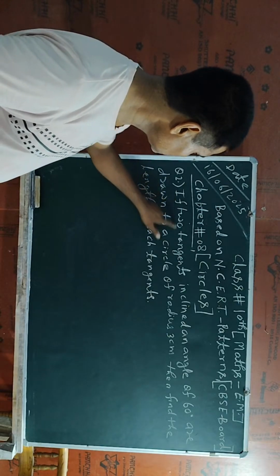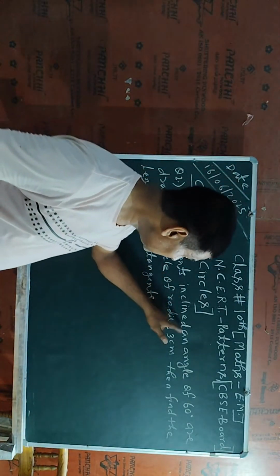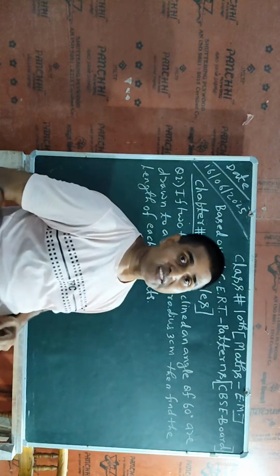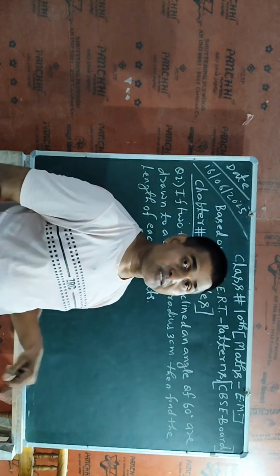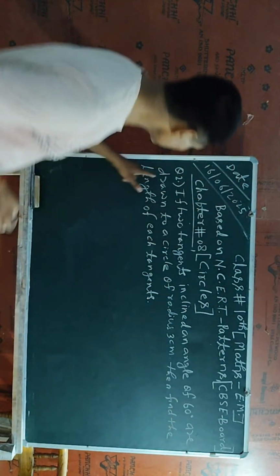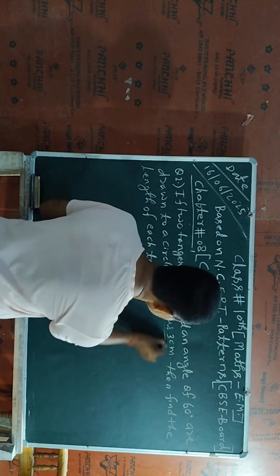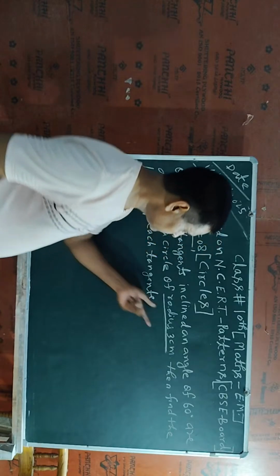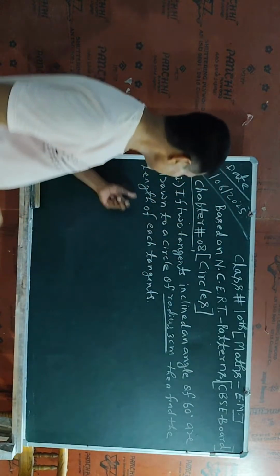Two tangents inclined at an angle of 60 degrees means both tangents, inclined at 60 degrees, are drawn to a circle of radius 3 centimeters. Now we have to find the length of each tangent.